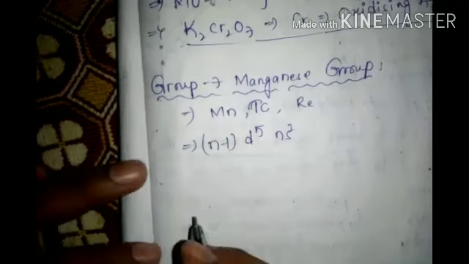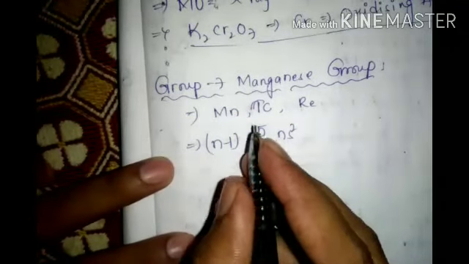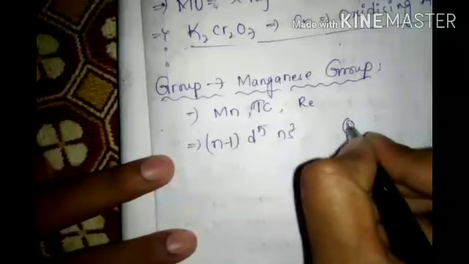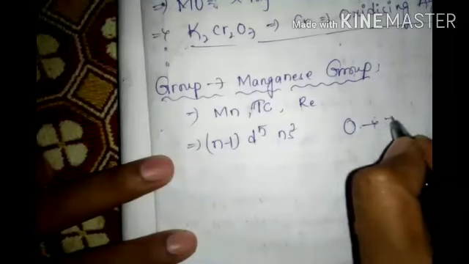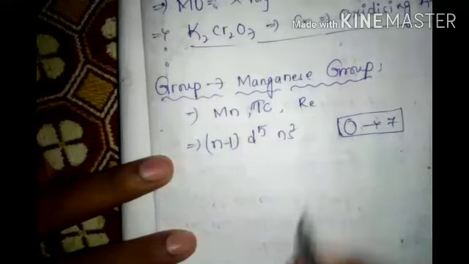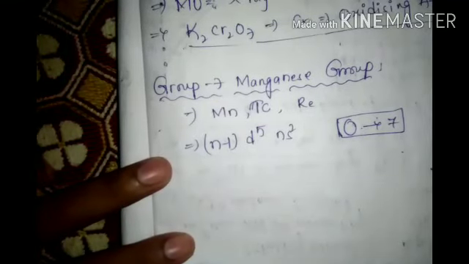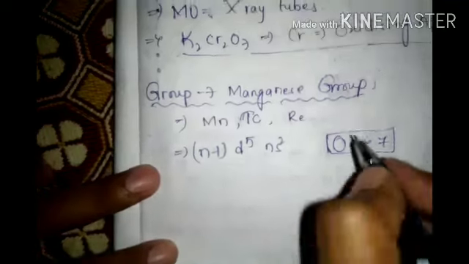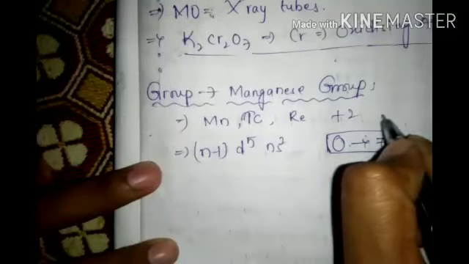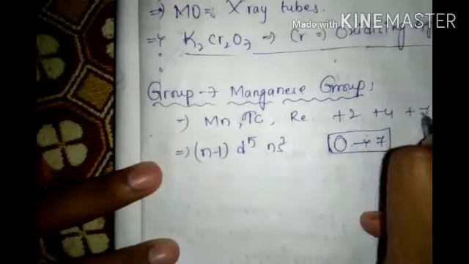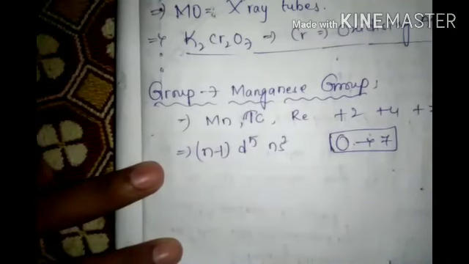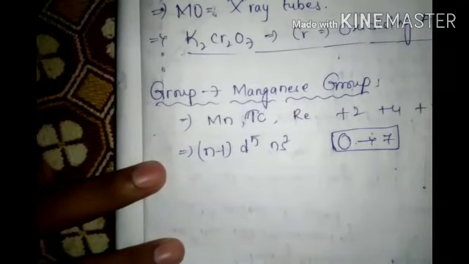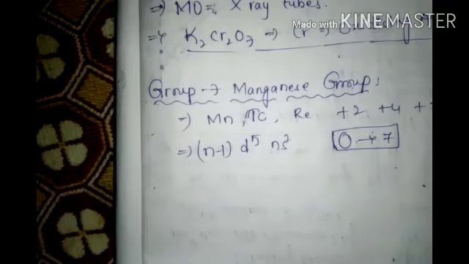It shows 0 to 7 oxidation states, that is 0, +1, +2, +3, +4, +5, +6, +7. The important ones are +2, +4, and +7. The highest oxidation state is possible for Mn.